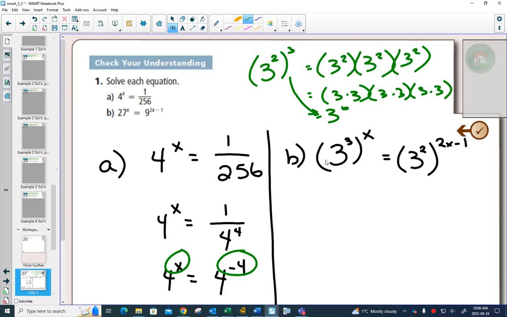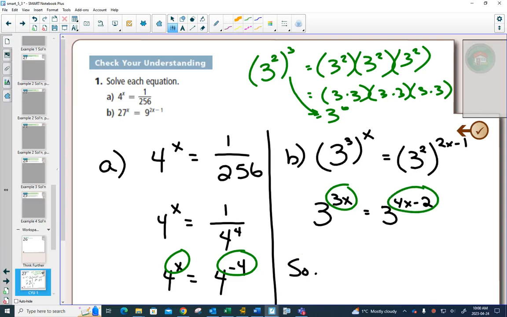So here I need to multiply. This will be 3 to the 3x, and here I'm going to need to multiply. And when I multiply this, it's going to be 4x minus 2. I'm going to have to distribute. And now we've succeeded on getting a single power on both sides with the same base.